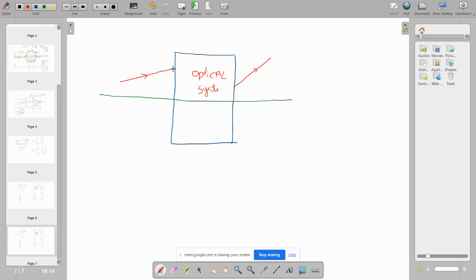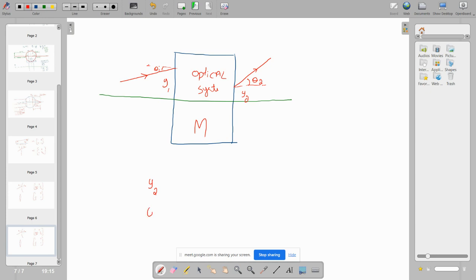While entering, it will have a particular height y1 and a particular angle of incidence theta 1. While exiting also, it will have a particular height y2 and a particular angle of emergence theta 2.